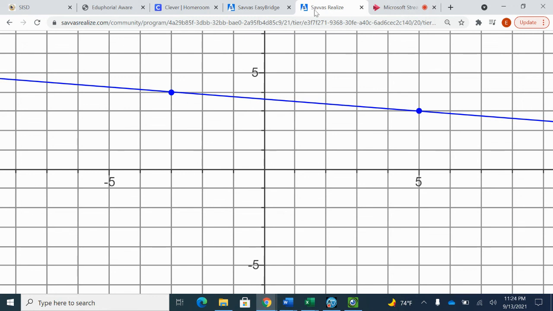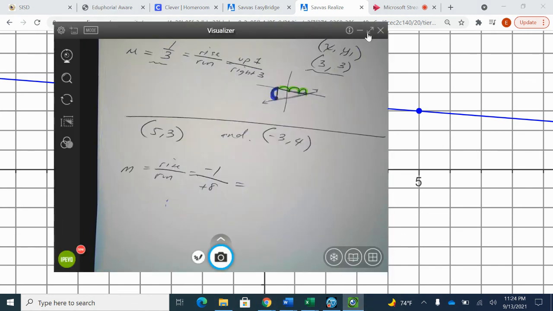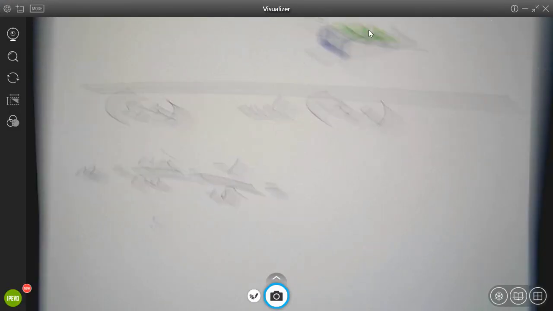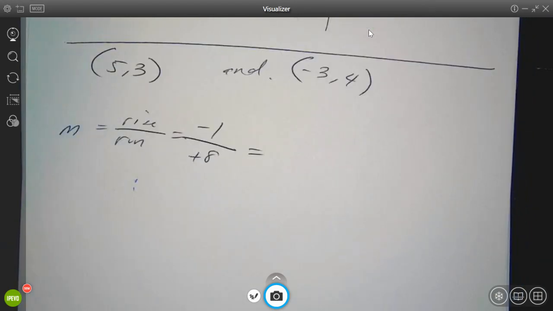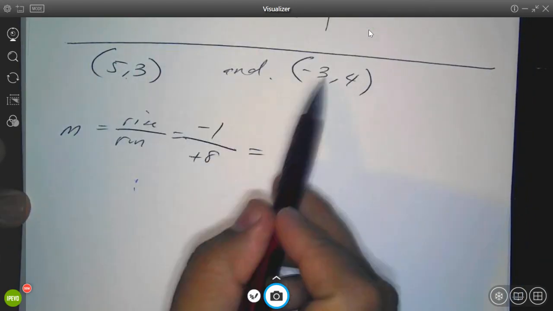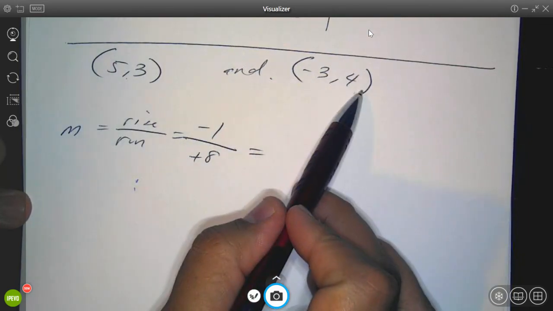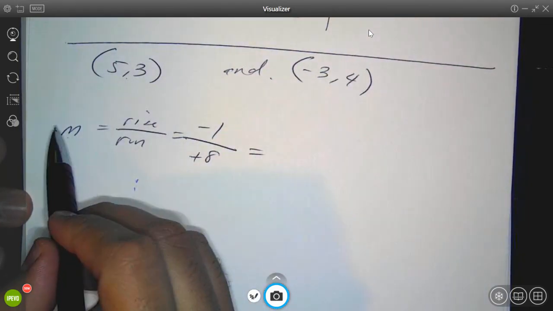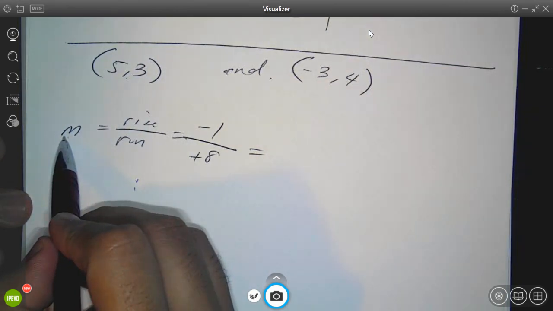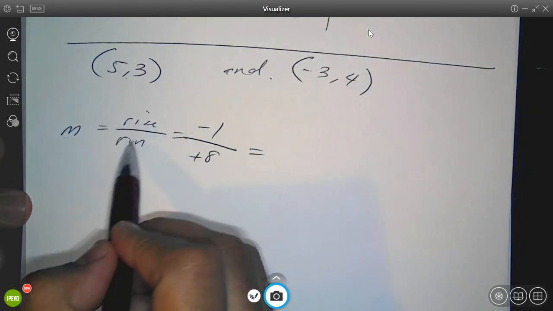And now I can simplify that to make everything a little bit nicer. So what did I just do? Well, this is pretty much what I just did in those previous steps. I first identified the 2 points that were used on my graph, which was 5, 3 and -3, 4. And next I found my slope. My slope, again, is the rate of change between 2 points. I used my rise over my run.